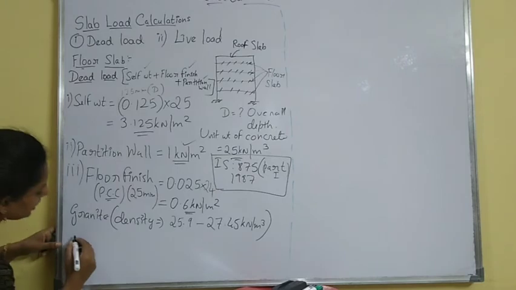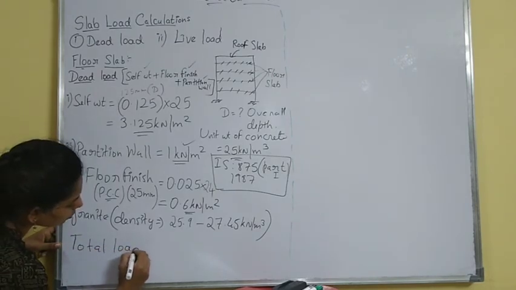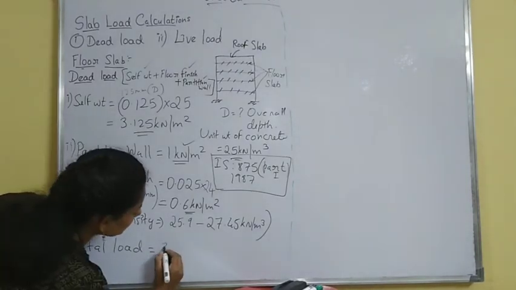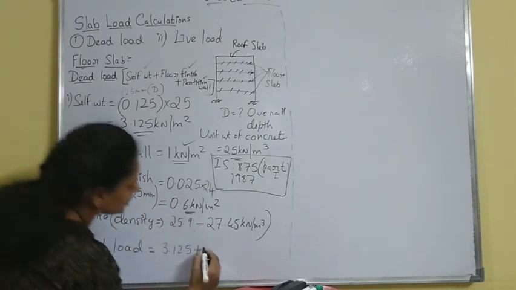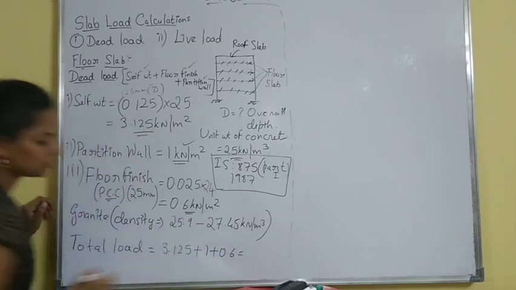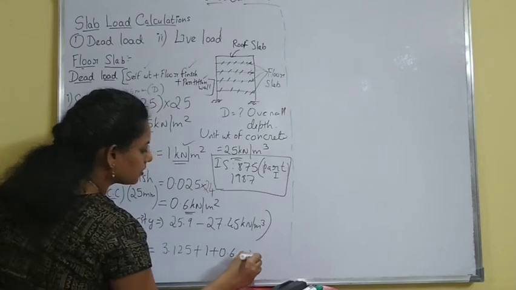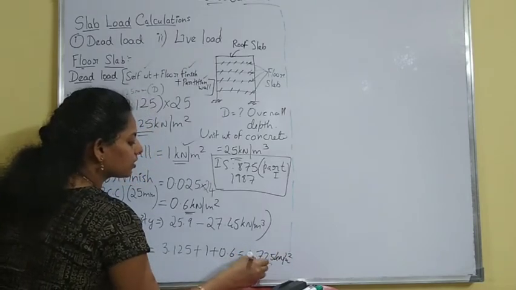Then for the total dead load: the self weight is 3.125, the partition is 1 and the floor finish is 0.6, which gives 4.725 kilonewton per meter square.